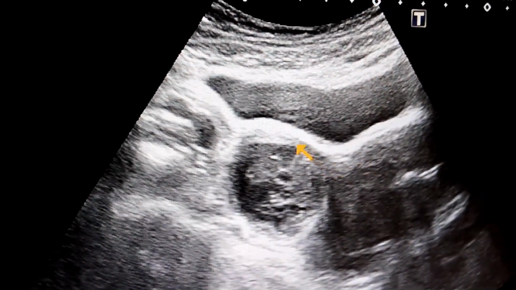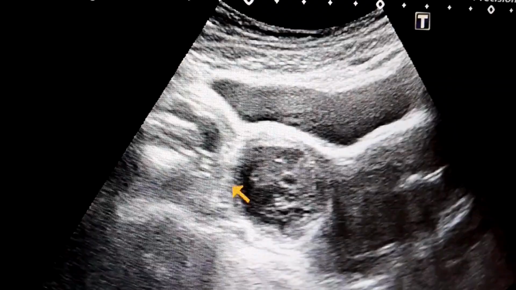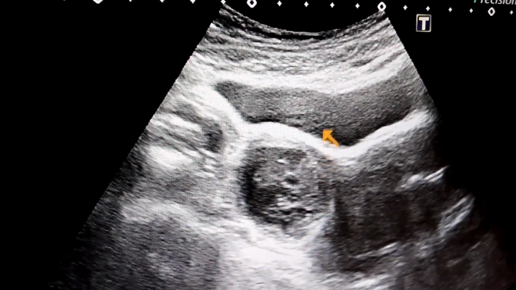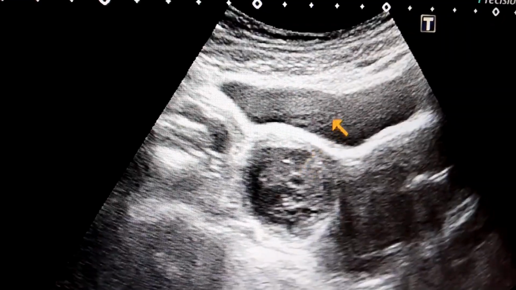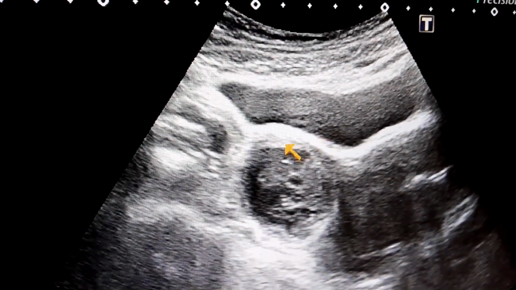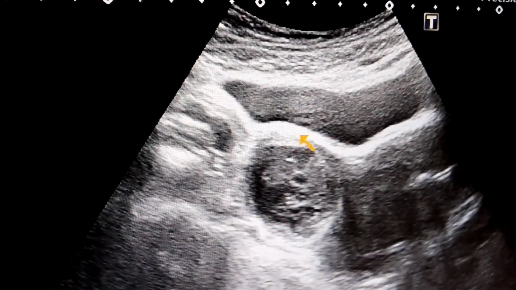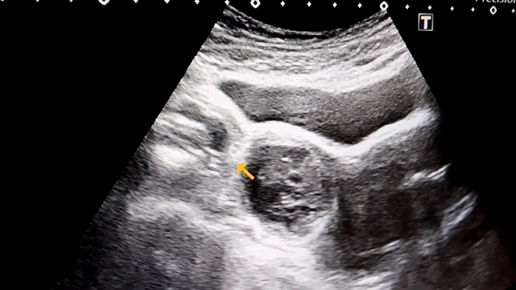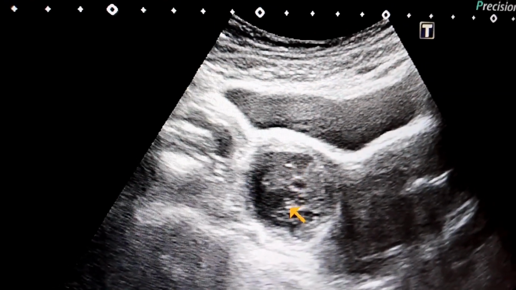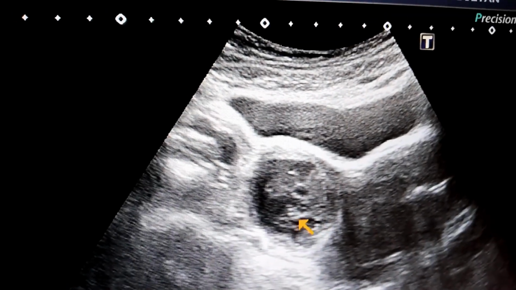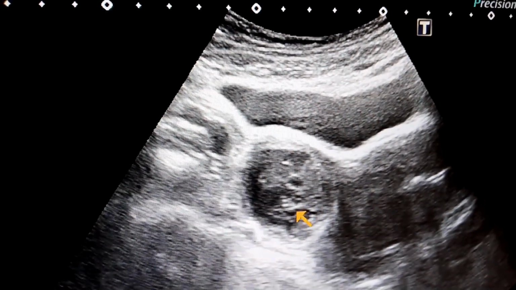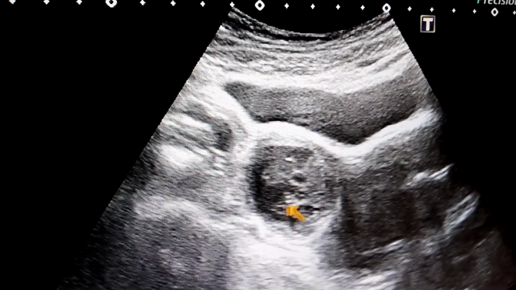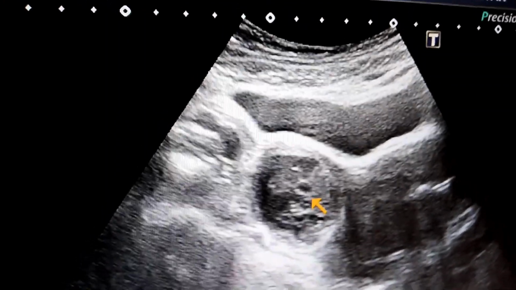Now here we can appreciate this cyst at the right adnexal region, just posterior to the urinary bladder. This is the wall of the cyst, which is thickened, and here we can appreciate the multiple linear strands, cysts, and internal echoes.